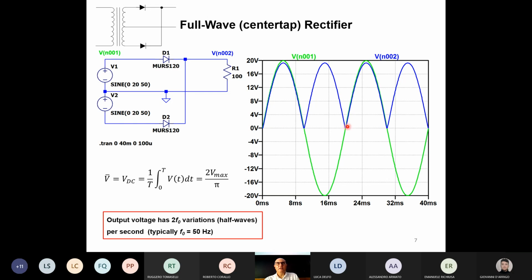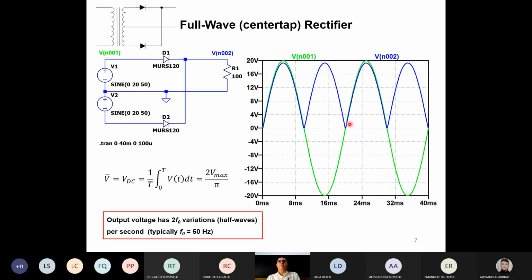Before it was 50 Hertz, now it is 100 Hertz, because 2 times F0, the net frequency. This is interesting because having an output voltage with a variation which is faster than before means that when we want to filter it, we can use a capacitor which will be half of the previous case. Okay, more or less.